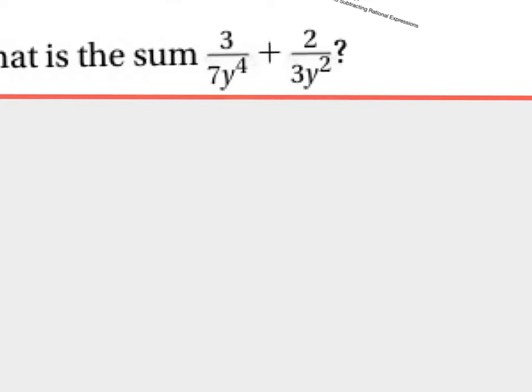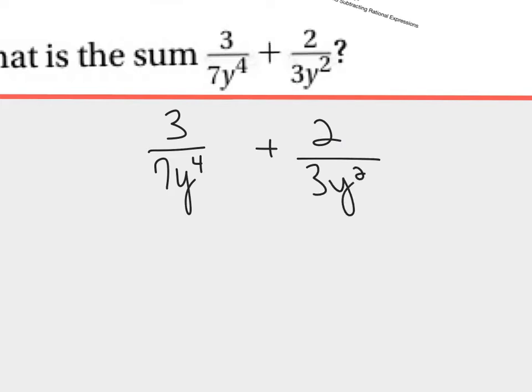So we would need y to the 4th. We need the highest power that we see. And so I'm just going to rewrite this just to give myself a little bit more space. So 21y to the 4th is going to be our common denominator.